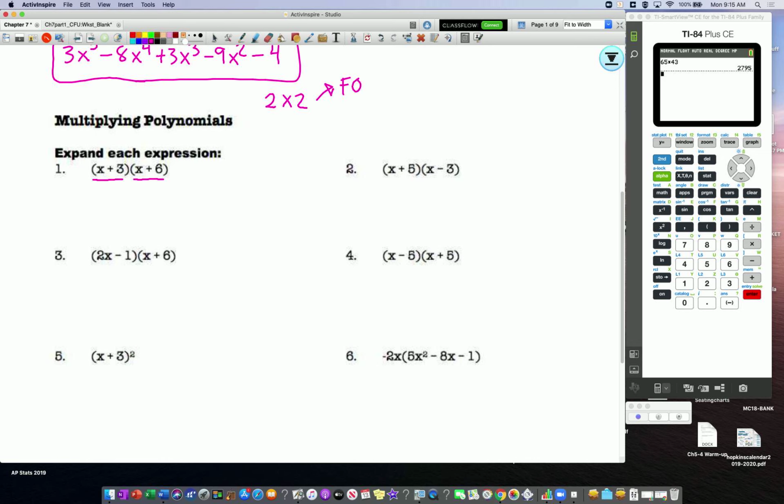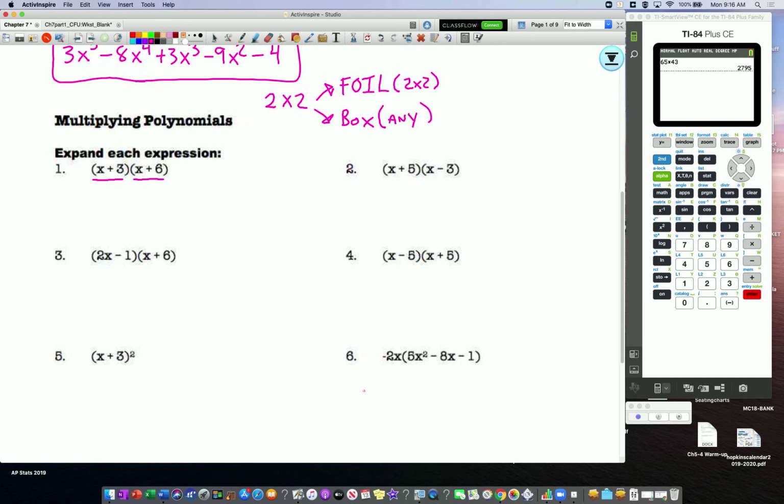You can use what's called the FOIL method, or you can use the box method. Now, the FOIL method only works if and only if it's 2 by 2. The box method works for any. It could be 3 by 3, 5 by 5, and it will work each and every time.